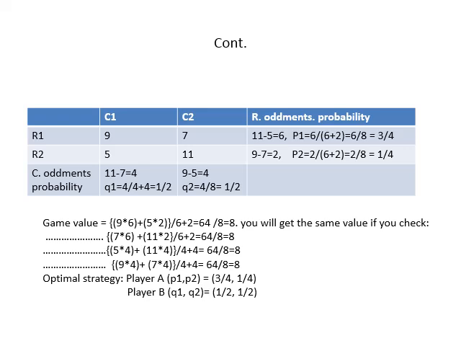We will use various calculations to find the same game value. First, 9 multiplied by 6 plus 5 times 2. Check, 9 times 6. Where is the 6? 6 is the odd means. Just look directly in the first row.